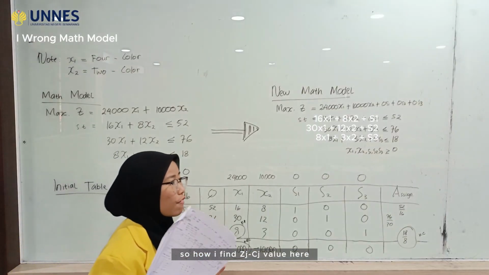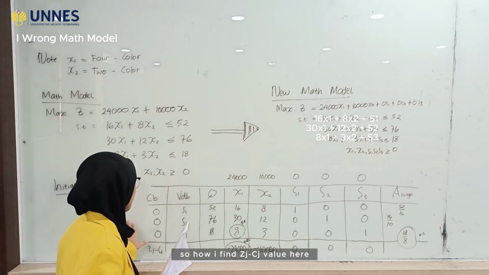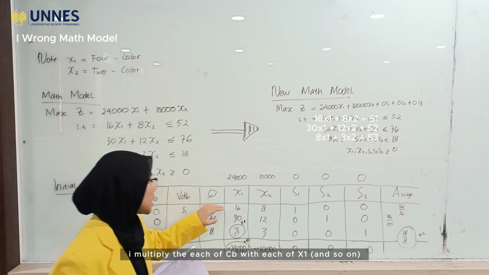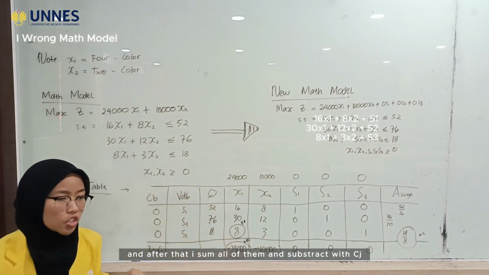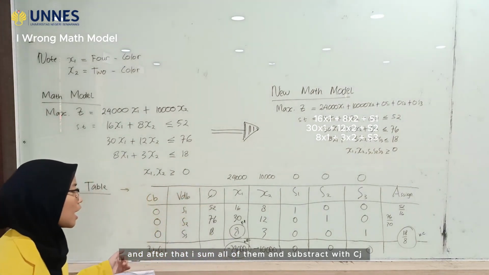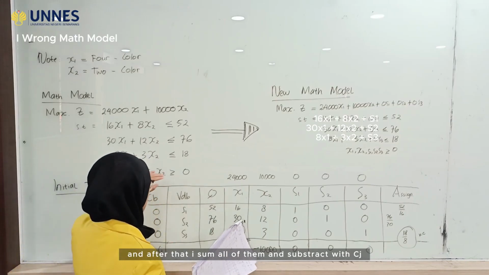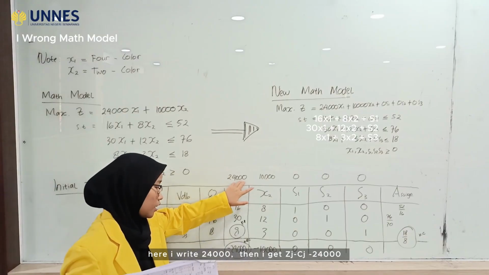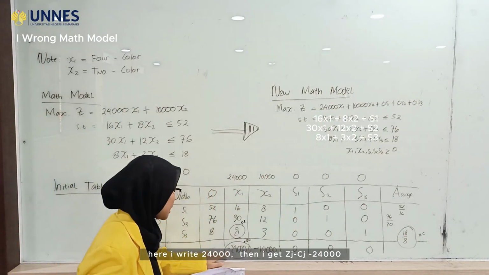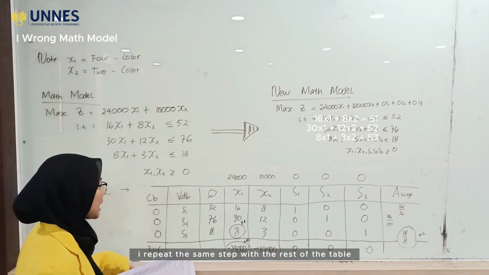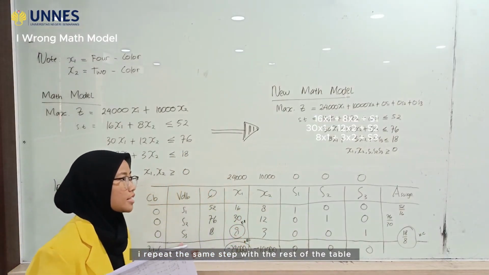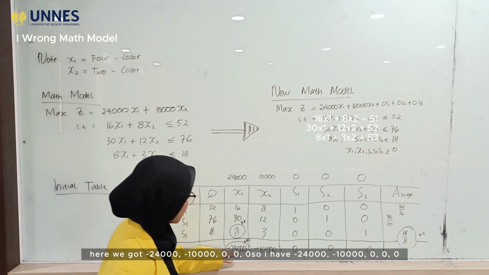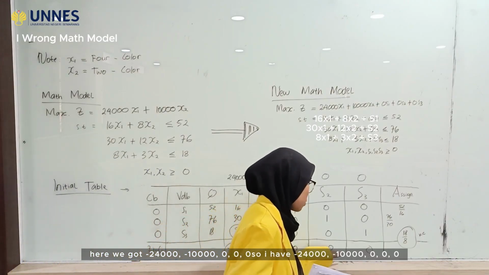So how do I find the ZJ minus CJ value here? I multiply the column of CB with the column of x1. After that, I sum all of them and subtract the value here. Here I write 24,000, and then I get minus 24,000. I repeat the same step with the rest of the table. So I have minus 24,000, minus 10,000, 0, 0, 0.